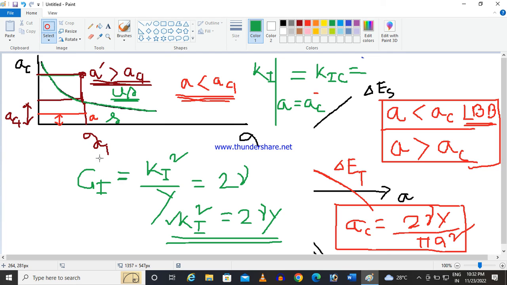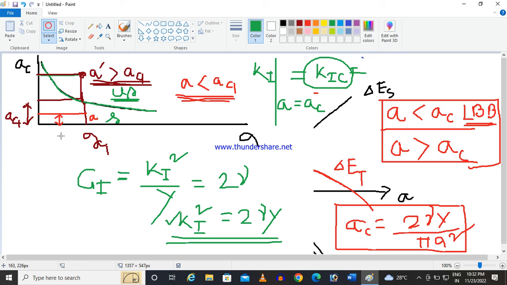This value will be given in the ASTM standard. I can't remember the ASTM for P91, but it is given. The K1C, the critical fracture toughness, will be given in the ASTM. Okay.